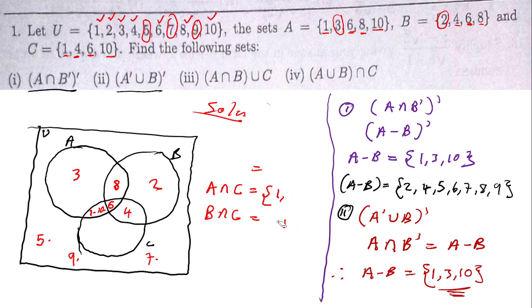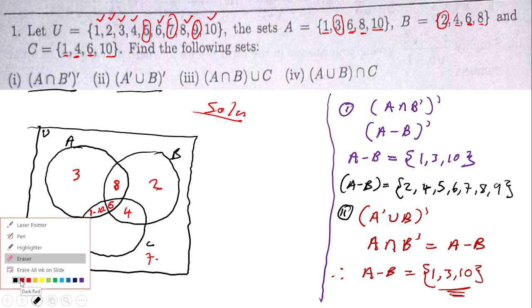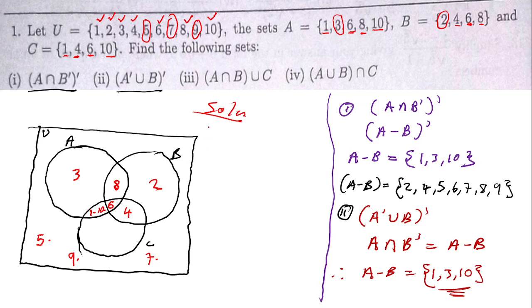So once you solve the assignment, make sure that you send it to our inbox, and I'll be able to respond to you and mark you and state if you are correct or wrong. So we are going to do the third one. So the third one is simply saying A intersection B and then union C.